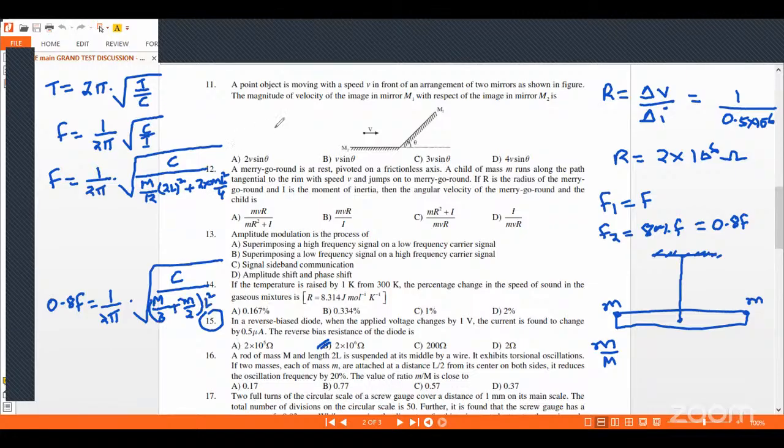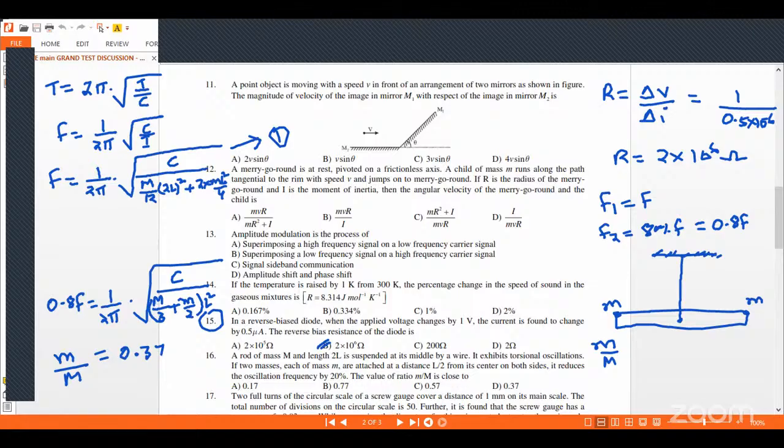Suppose this is the first equation and this is the second equation. Upon solving, we get the ratio small m by capital M equals 0.37. Right?